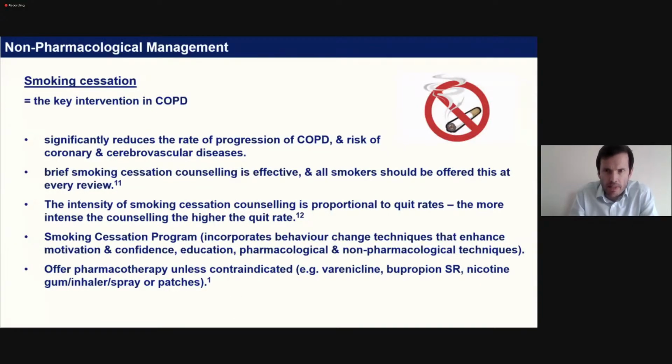Optimal COPD management therefore incorporates non-pharmacological and pharmacological interventions. The key intervention in COPD management is smoking cessation.